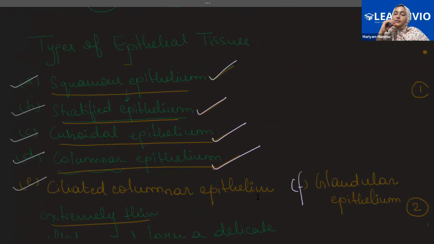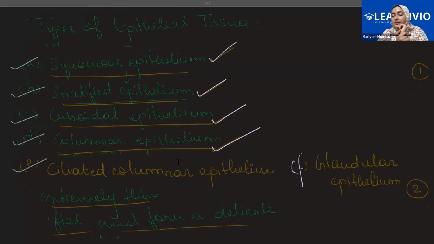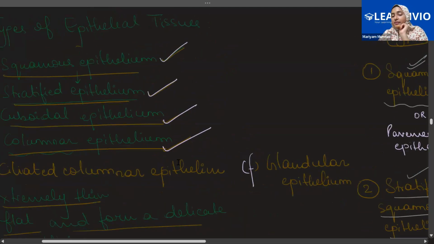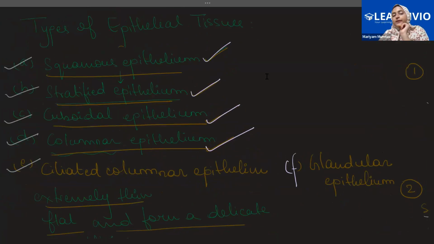All of them are different from each other. None of them are the same. The most common kind of epithelium in our body is squamous epithelium. Then there is stratified epithelium, cuboidal epithelium, columnar epithelium, then ciliated columnar epithelium and glandular epithelium at the end. So these are the various kinds of epithelial tissues that you can find in our body.